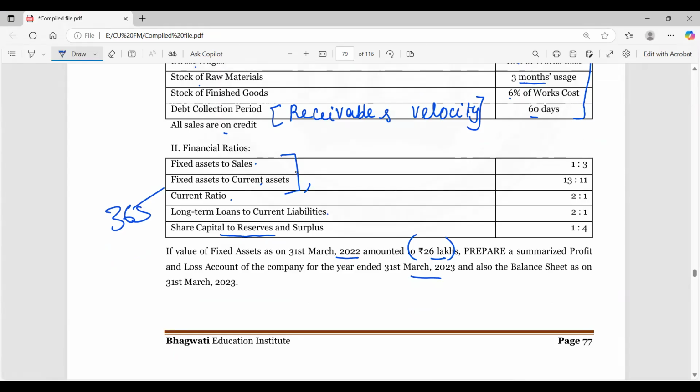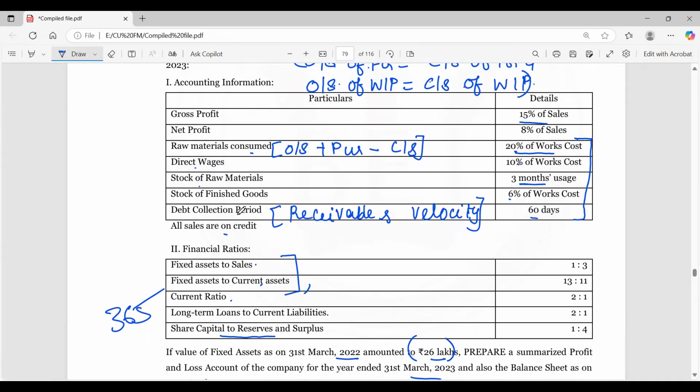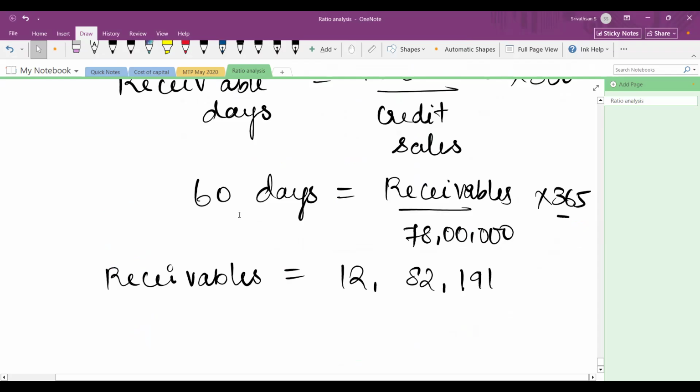So listen, in working note number 1, we calculated current assets, right? Net profit, 8% of sales, we can directly calculate it. We haven't calculated it yet.